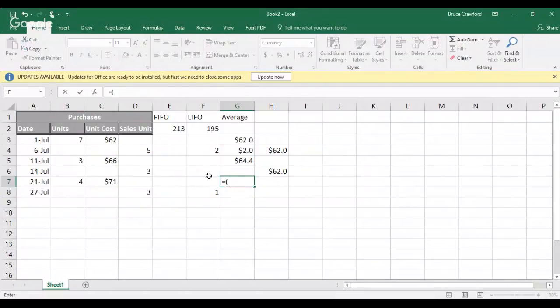Total units is going to be 2 plus 4. So our denominator is going to be 6. And on top, we're going to have our 24 from our 2 at 62, plus 4 times 71, which is 284.